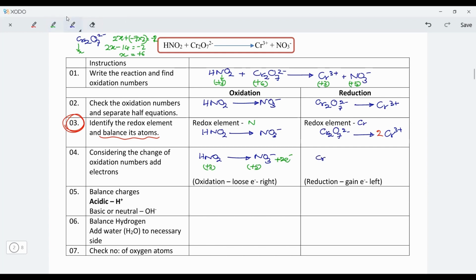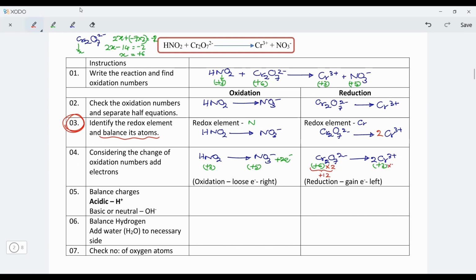And if you consider dichromate, you have to do this thing before you go any further. Let me show you that. Now we consider here only one atom. After balancing atoms, you can see the atoms are increased by 1. That means we should do the same change for the oxidation number also. Now you had 2 atoms, therefore I need to multiply this one by 2 and get the total oxidation numbers, plus 12.